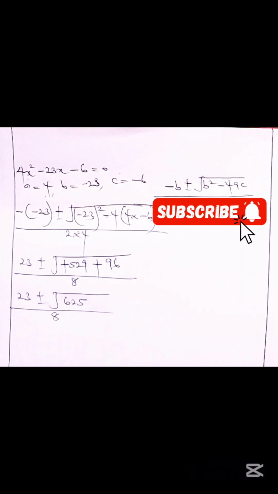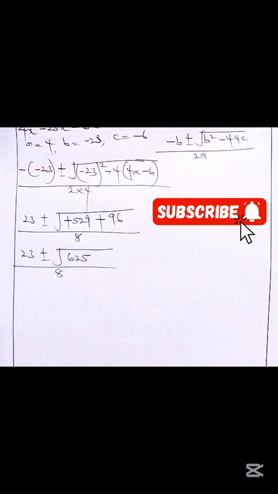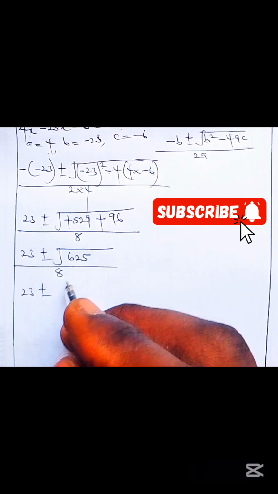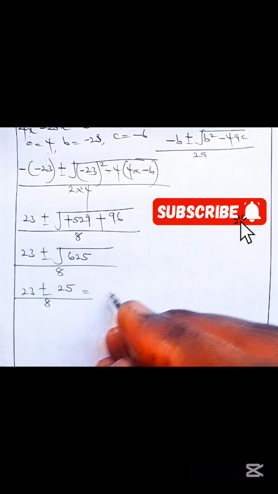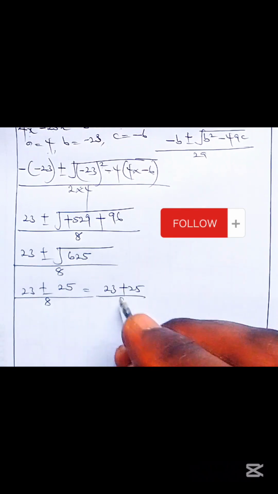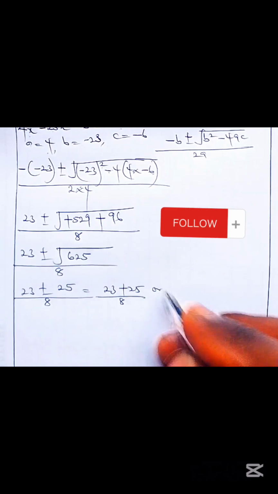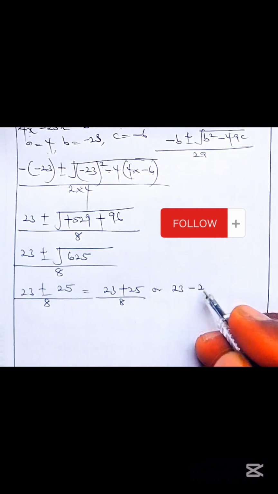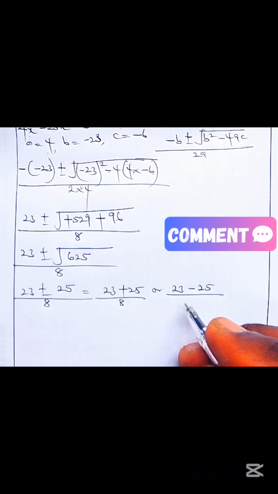So what do we have next? The next thing we're going to do is start with 23 plus or minus. Square root of 625 will give us 25, no doubt. So what do we have? This is 23 plus 25 over 8, or 23 minus 25 over 8.